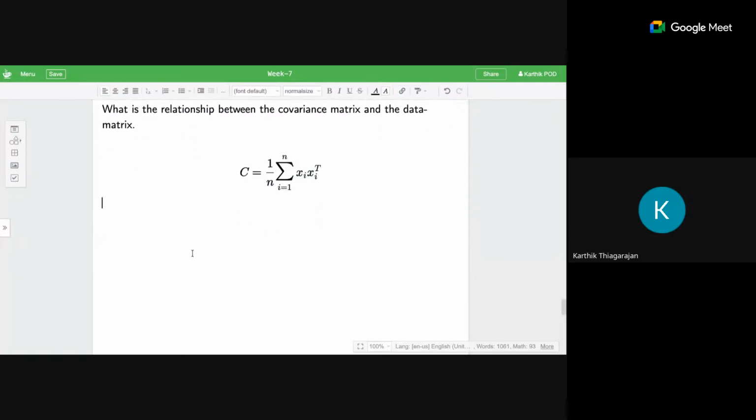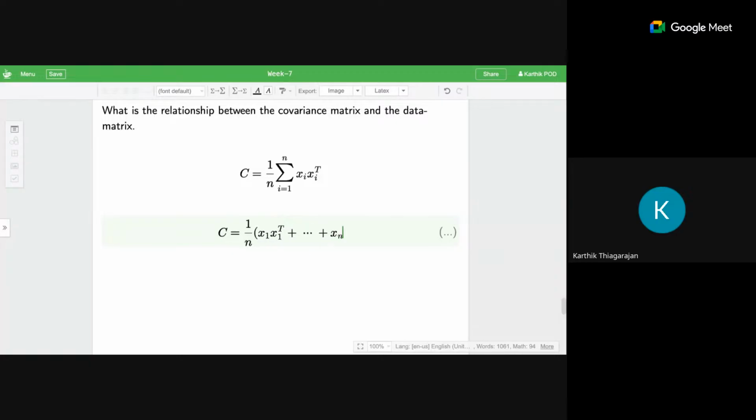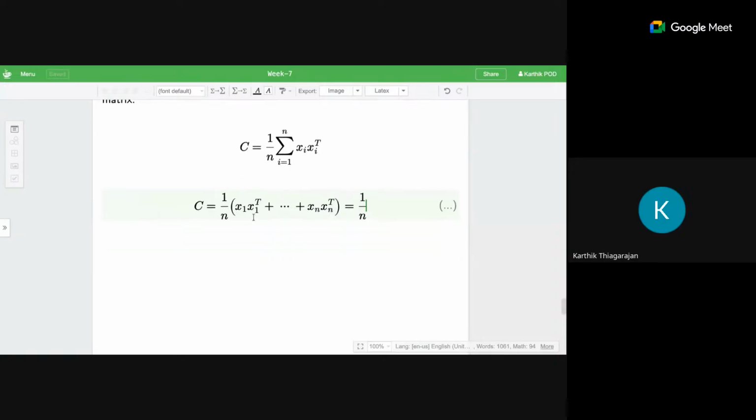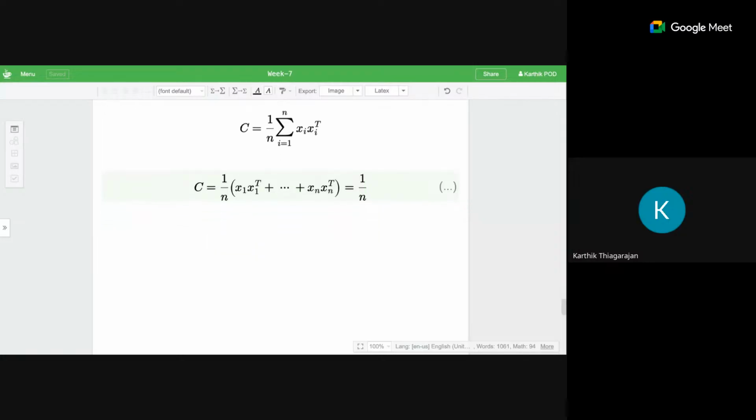If you expand this summation, this is nothing but 1 by n into x1 x1 transpose plus dot dot plus xn xn transpose. So this is actually the same as 1 by n into... You see what has to come here. If I want to use the capital X, the data matrix X, what should I substitute here?